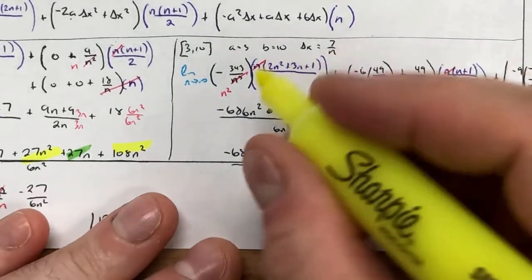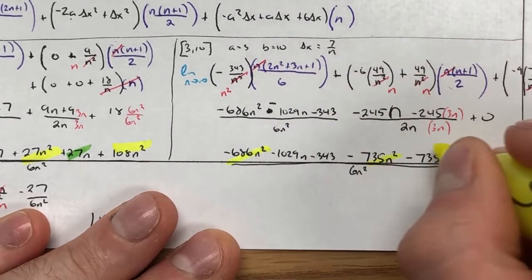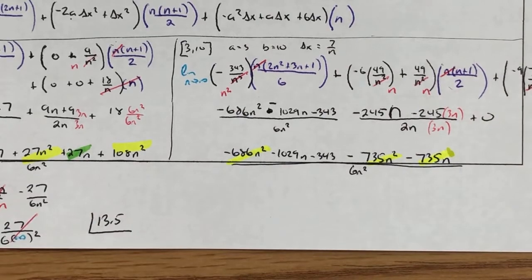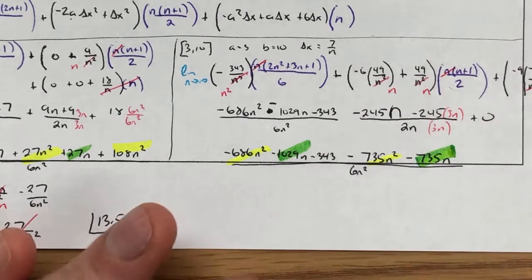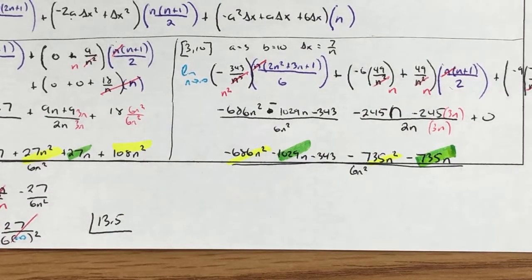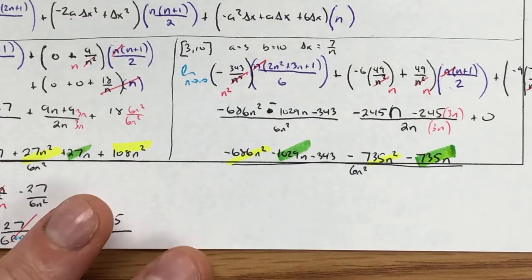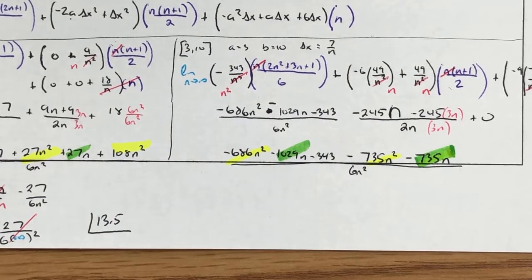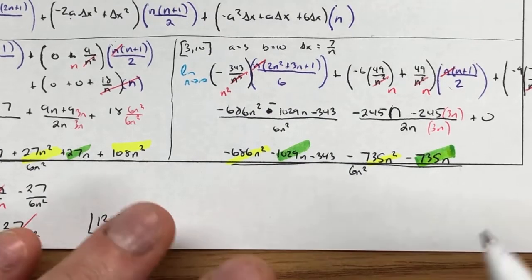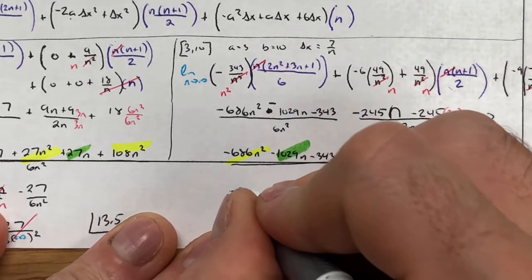And then I'm going to go through. I have n squared, n and n. Okay. So my n squared's negative 686 minus 735. So 686 and 735 are going to give me 1421.